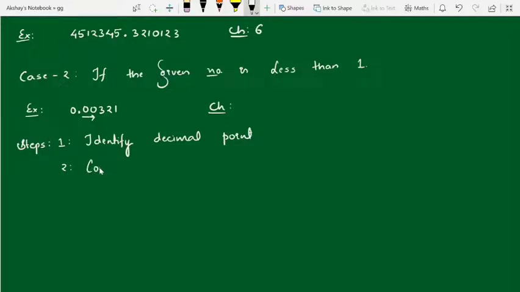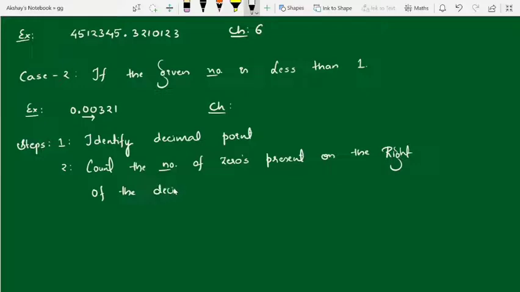Okay, so count the number of zeros present on the right of the decimal point and increase the value by 1 unit, then the result is going to give you the characteristic.